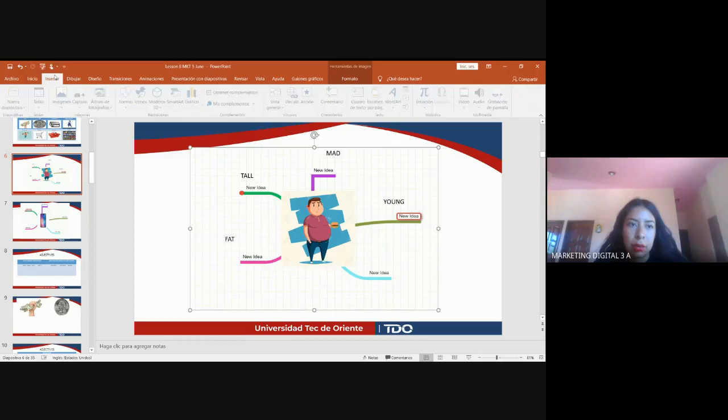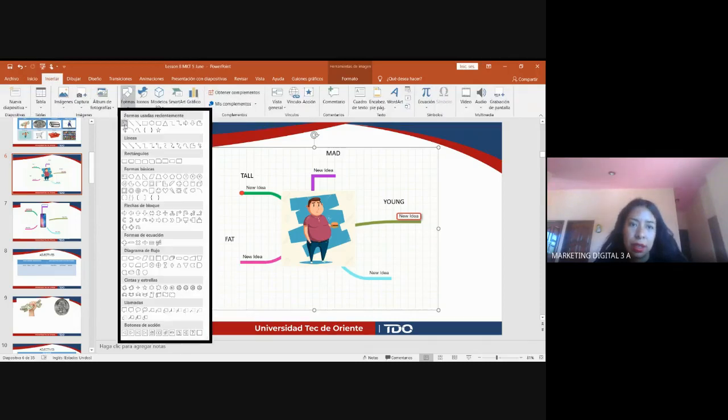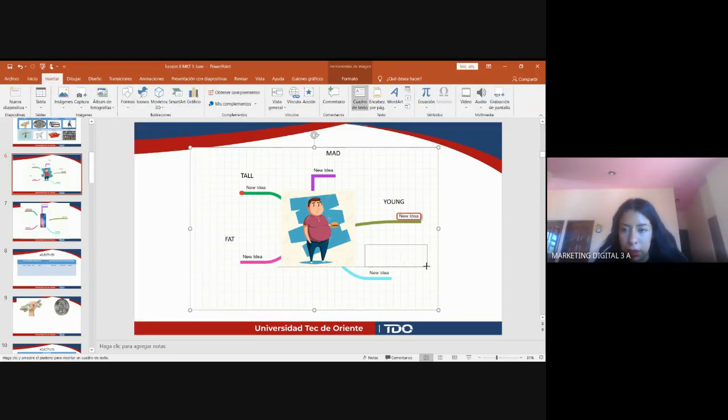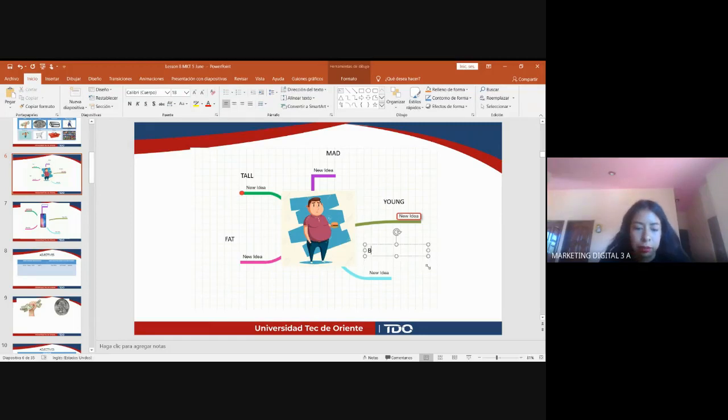What else? Brown, yes, it's an adjective. We can use it in different situations. Someone said young. What is the adjective? Serious. He looks serious. Yes, he looks serious. So I'm gonna type here serious.